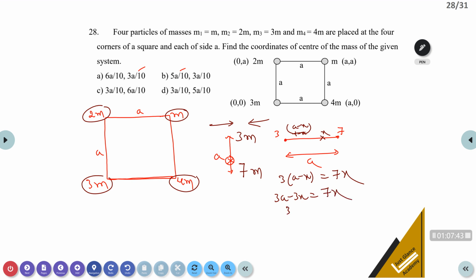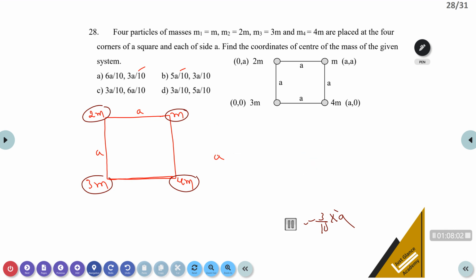Therefore 3A equals 10X, therefore X equals 3 by 10 of A. 3 by 10 A. That's why I told you, either this or this. 3 by 10 is nothing but 0.3. Still I can't judge whether it is the right one.